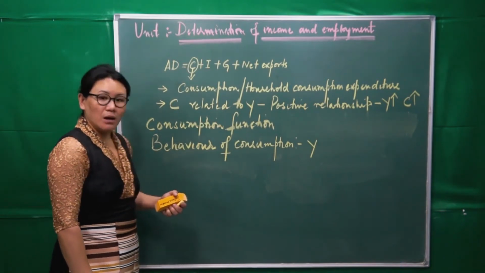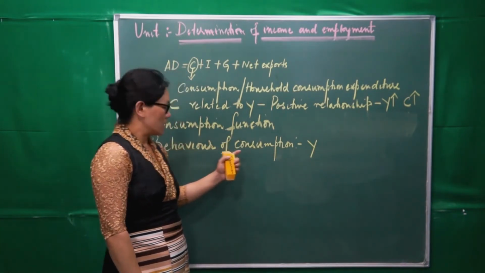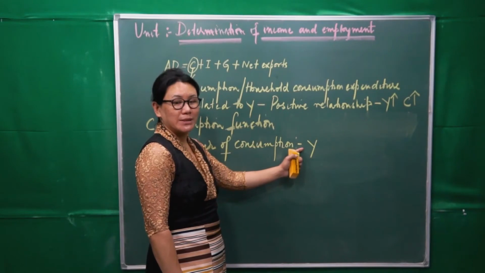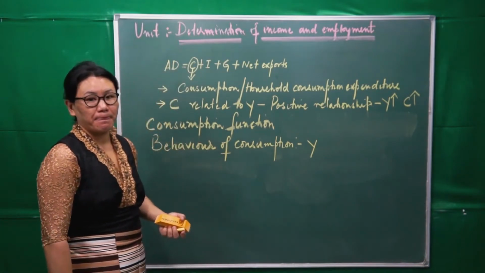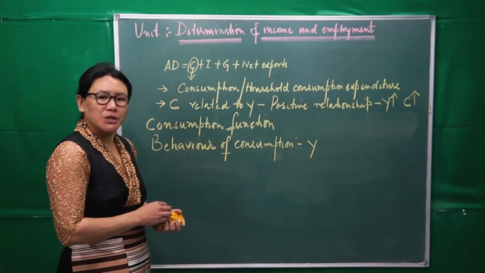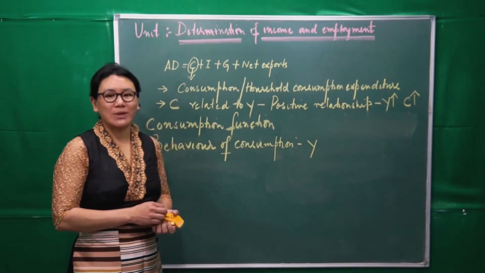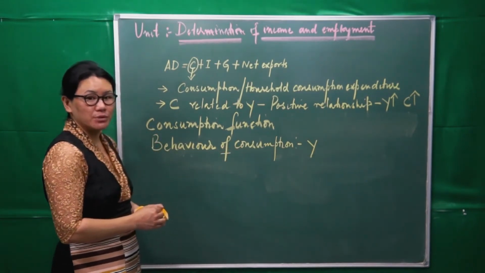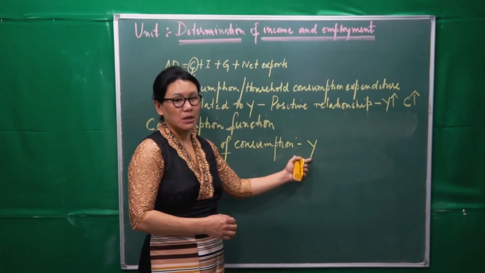When we are studying the behavior of C, it means the behavior of C which is related to the income level in the economy. Now, under this one, we can have three important points, or observations, concerning the behavior of consumption, which is related to the income level in the economy. Is that clear? Okay.